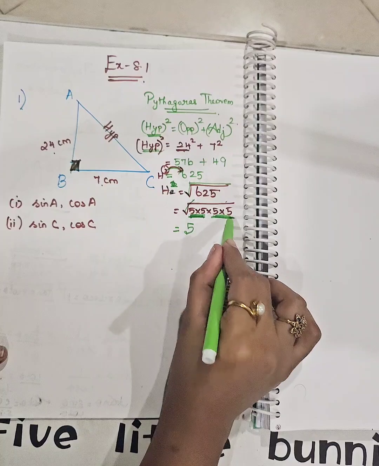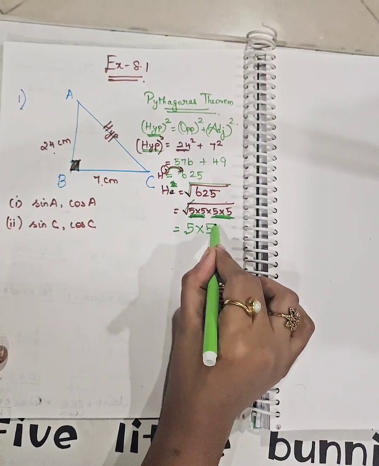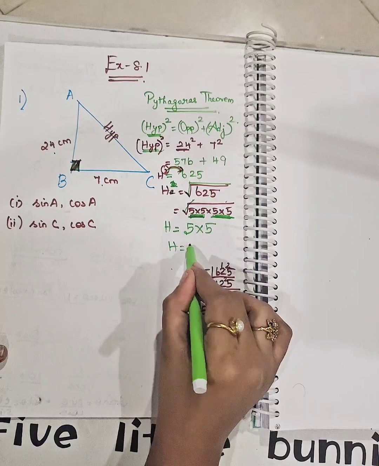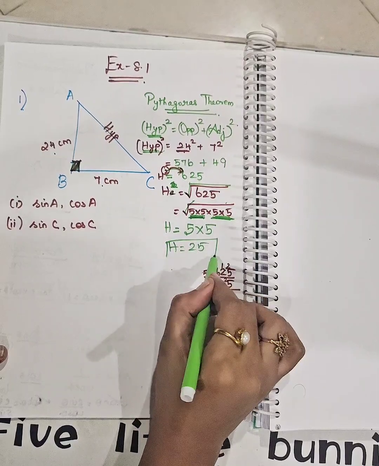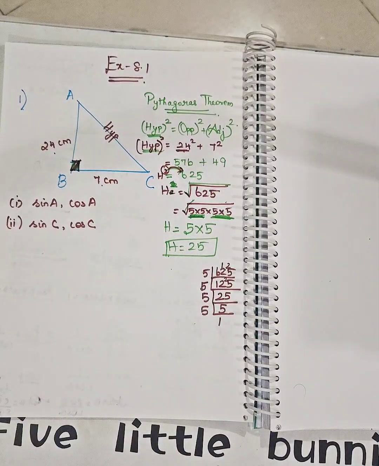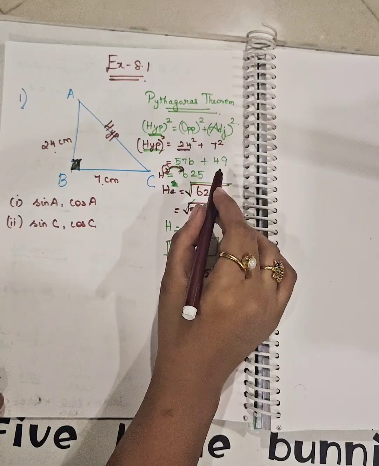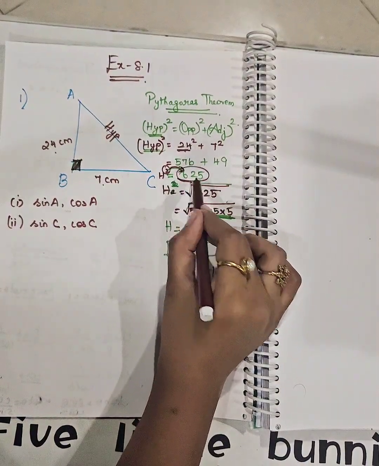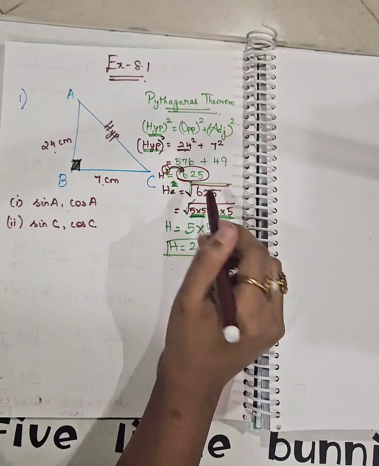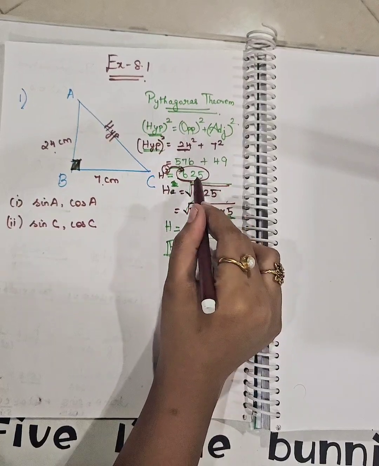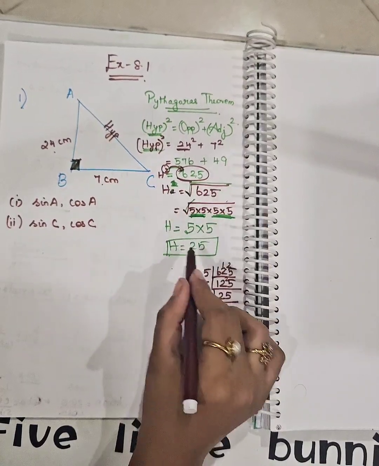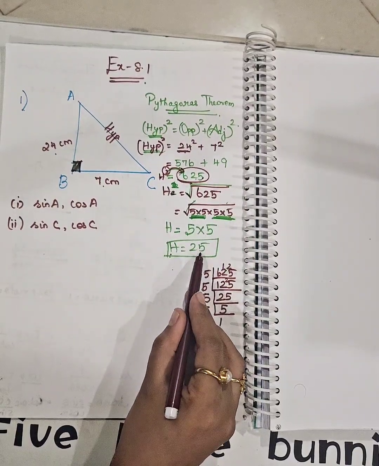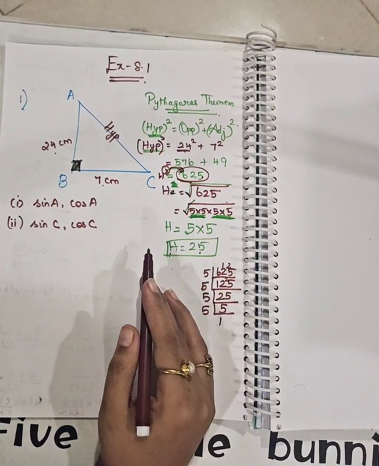You have two 5s here, take them out and write one 5. So the answer for hypotenuse is 25. This is how we find the third side. Otherwise, if you are very thorough with the tables, 25 into 25, if you calculate it, it will be 625. So if hypotenuse square is 625, hypotenuse will be 25. This is how we can find the third side.